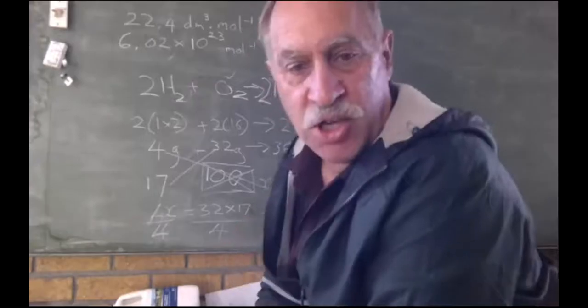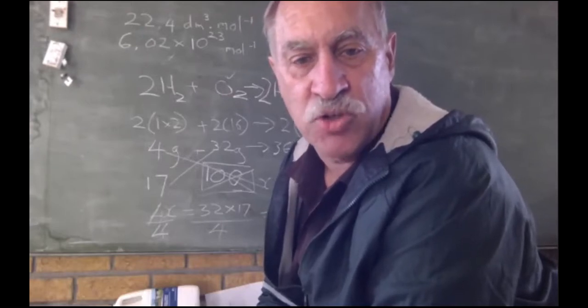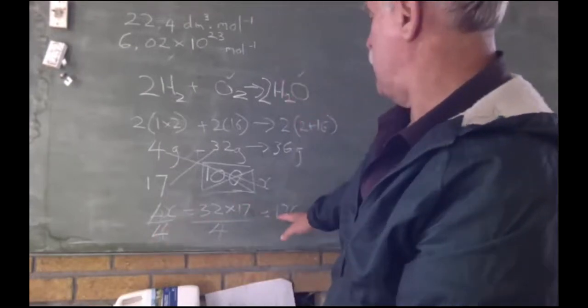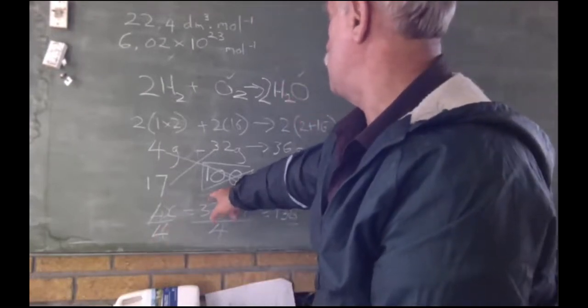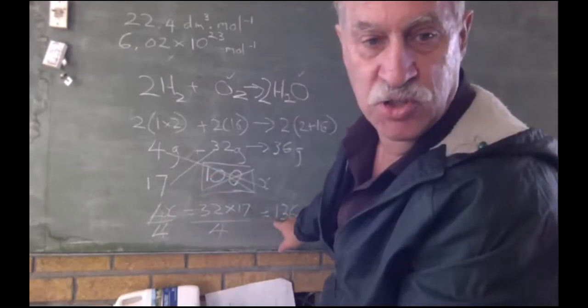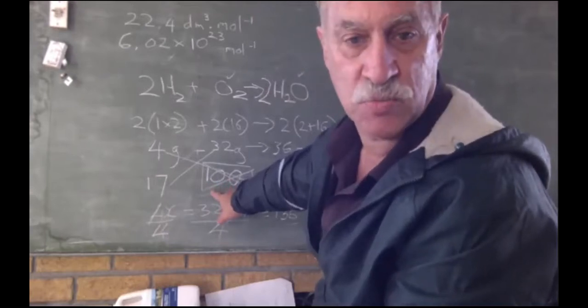Now, here's where you've actually got to have a few brain cells in operation. This is the only part that requires you to think. It says you need 136, but you've got only 100. So which one's the limiting reagent?